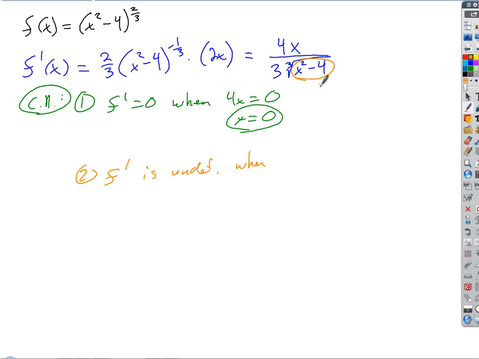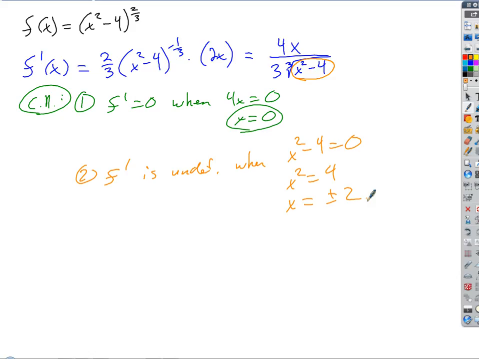We can avoid some algebra steps here. We can just pick the part of the bottom that's going to cause the bottom to go to 0 and deal with that instead, right? So when x squared minus 4 equals 0, which is when x squared equals 4, which is when x equals plus or minus 2. Good. Okay, make sense?